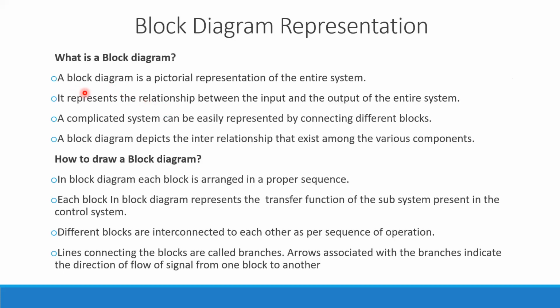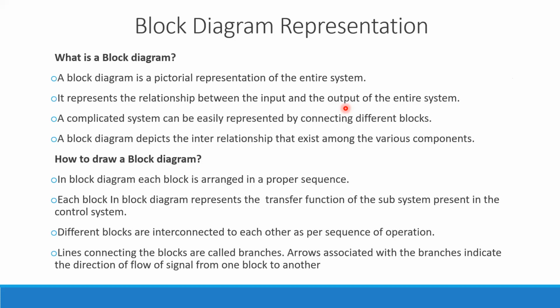Each component present in this physical system will be represented by a single block. A single block represents one important component of the physical system, and the whole output of the system is calculated through these blocks.